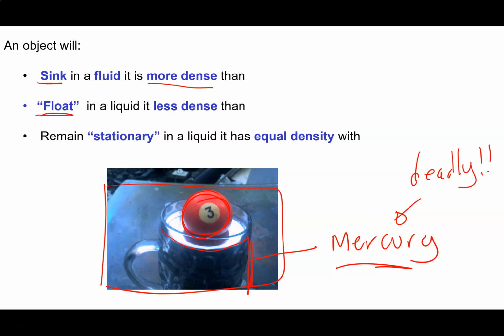Now, I can hear everybody at home saying it: what happens if the object and the fluid have the same density? Well, in that case, they'll remain stationary. So whatever height you set the object at in that liquid, it'll just stay there. It'll neither sink nor rise.